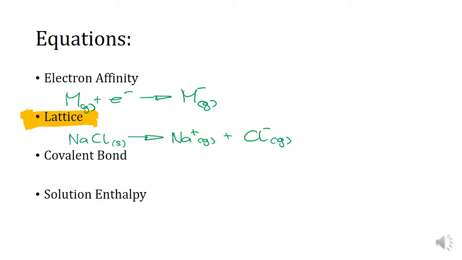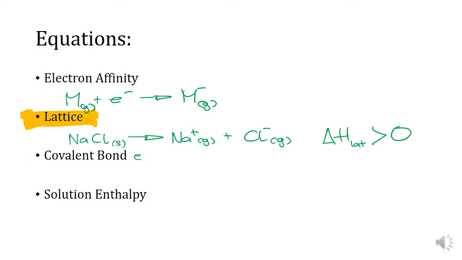By definition, according to the IB, this delta H lat is always greater than 0. It's always defined in terms of this endothermic process of breaking apart that lattice.